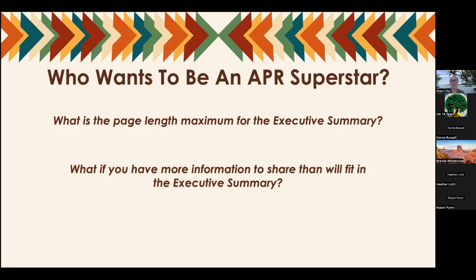Also, normally, any other additional information that does not fit in the executive summary can be put into your section C. In our last APR webinar, we had one grantee share that at the end of their executive summary, they noted that the reviewer can find more information in section C. So they give the reviewer a heads up that there is more information in section C. However, you may find space in both section A and B to provide that additional information.